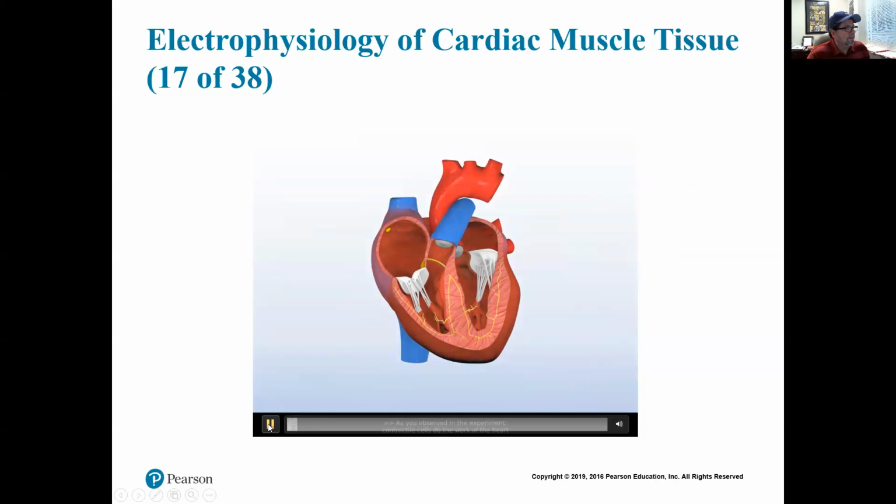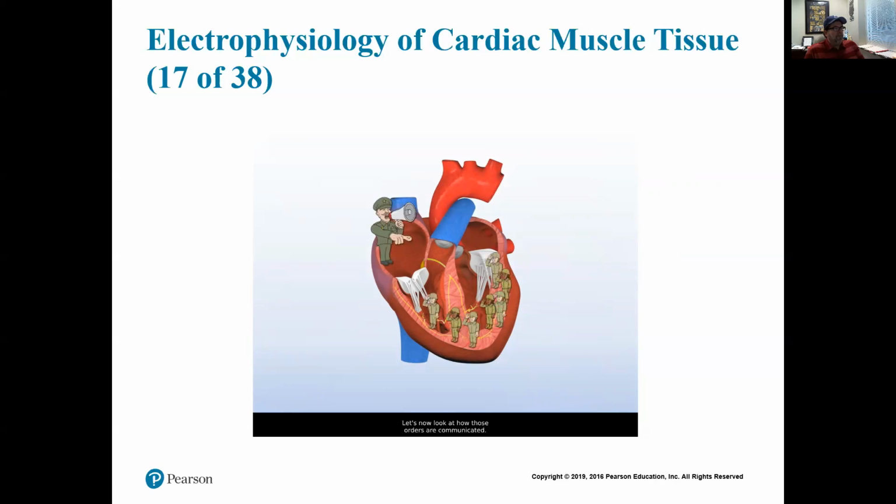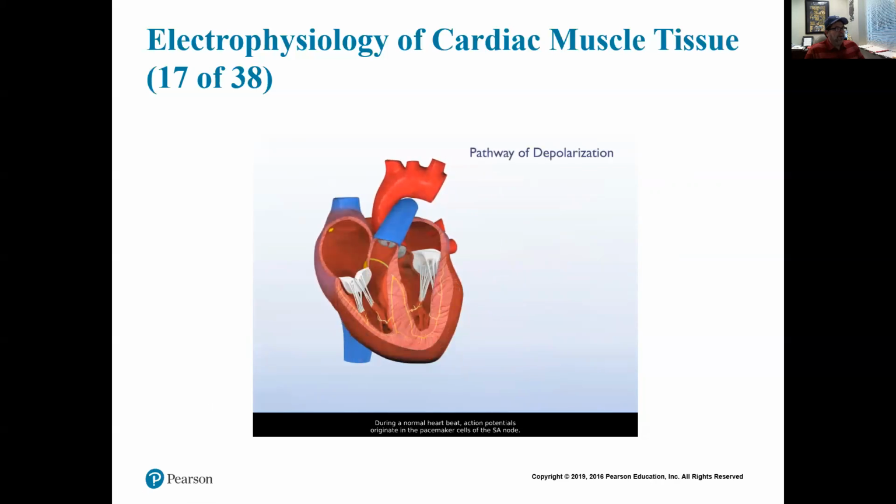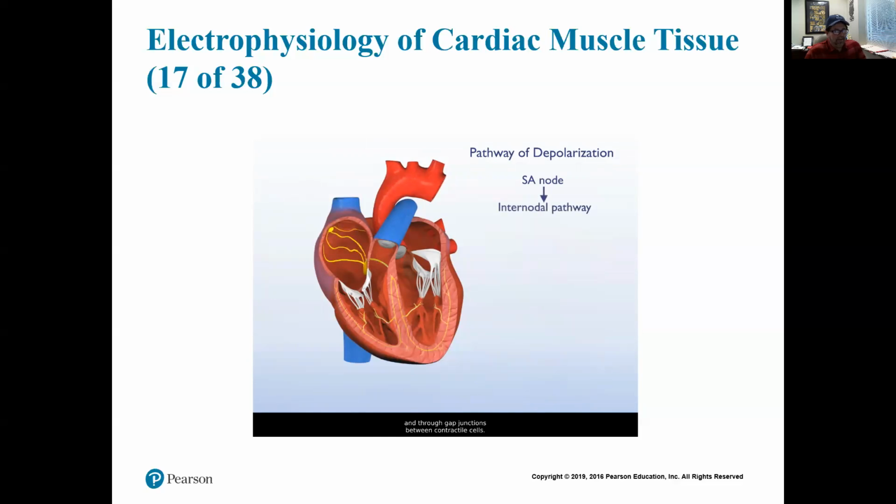As you observed in the experiment, contractile cells do the work of the heart by contracting, but they need pacemaker cells to tell them when to do it. The pacemaker cells function like an officer giving orders to soldiers, telling them to move. Let's now look at how those orders are communicated. During a normal heartbeat, action potentials originate in the pacemaker cells of the SA node. The impulse spreads across the atria, both via the internodal pathway and through gap junctions between contractile cells.